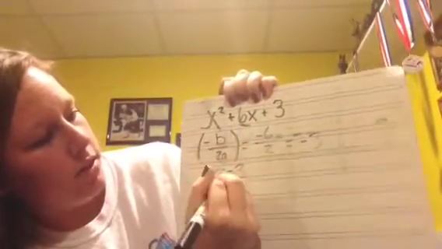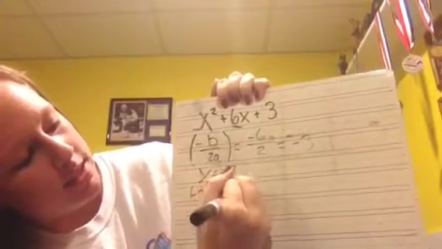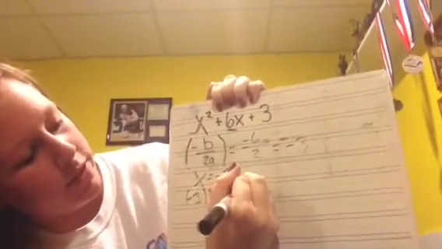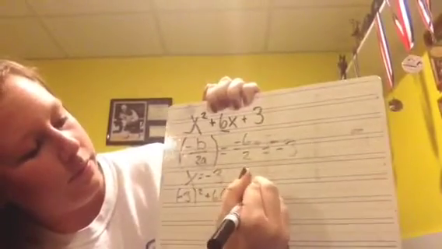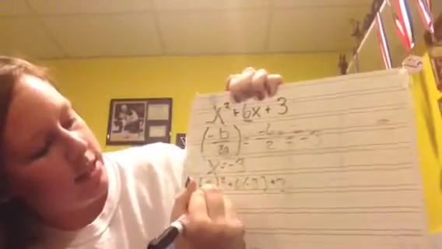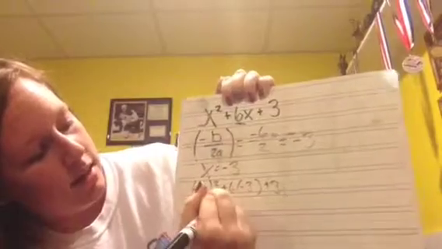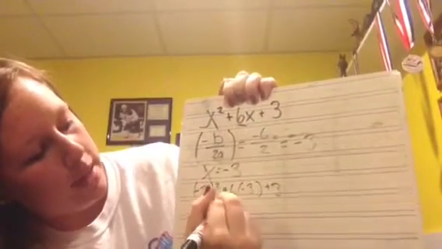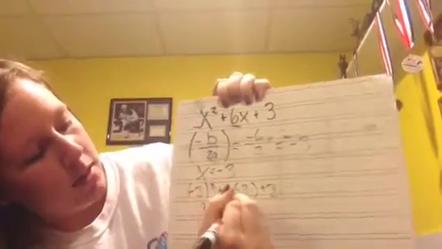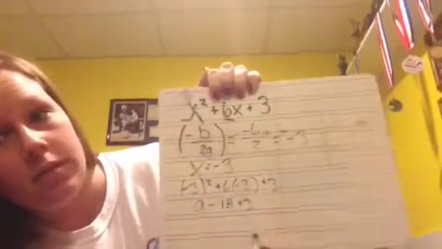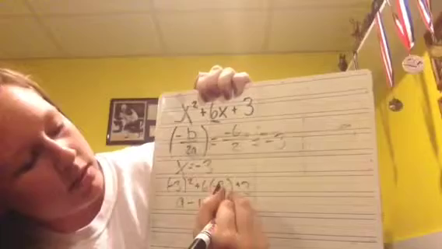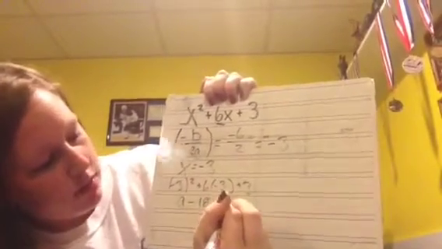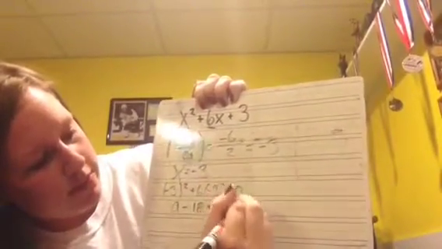squared plus 6 times negative 3 plus 3. That is 9 minus 18 plus 3, which equals negative 6.